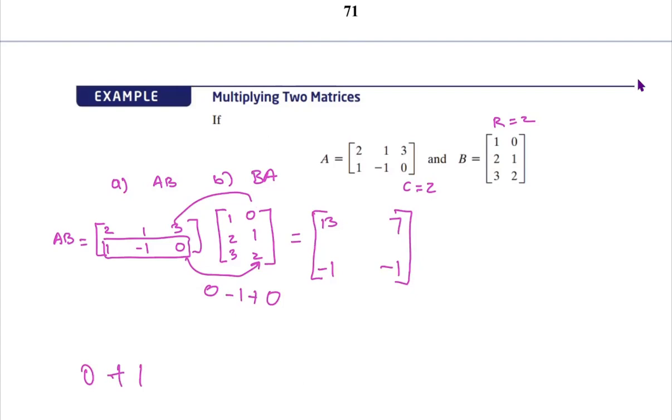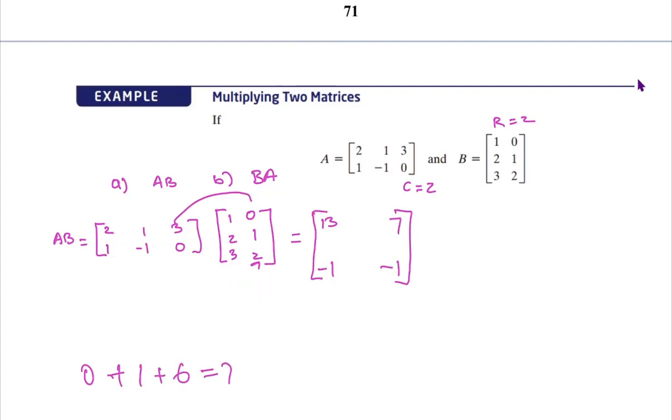And 3 times 2 is 6. Yeah, so that's 7. In my notes, I see that I had something different. Let me see. Okay, so that's right, 7.